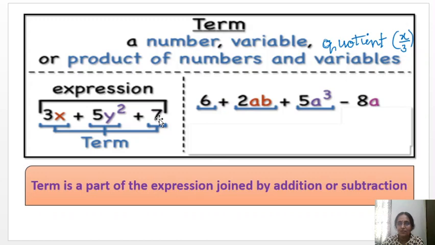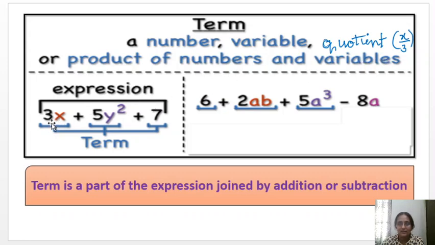A term can consist of a number, a variable, a quotient, or a product of numbers. Quotient means it should be in the form of x by 3. Product means it is 3x, which can be numbers and variables.